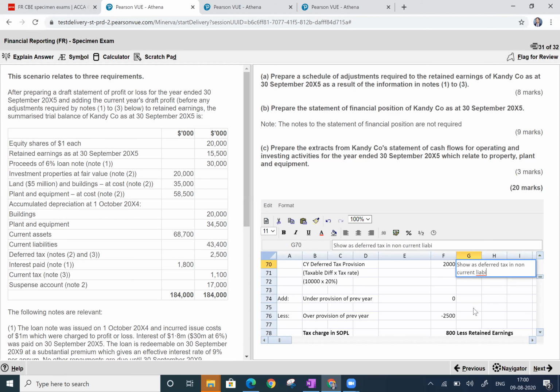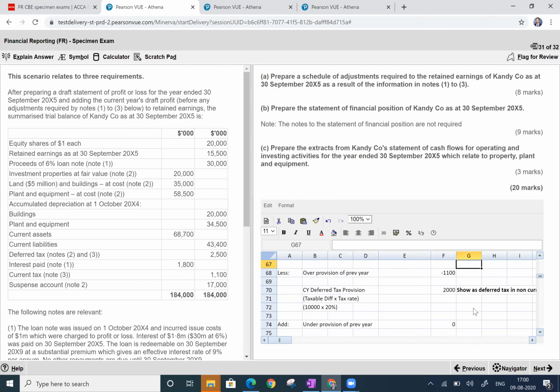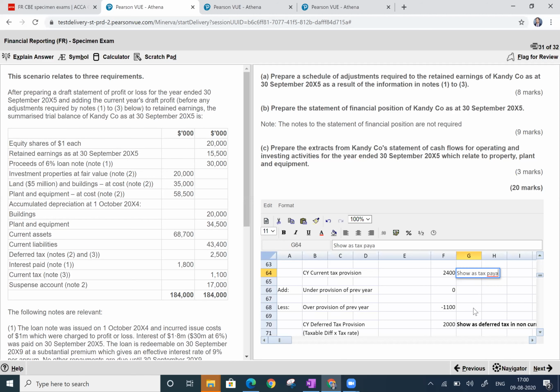This amount as well as revaluation surplus deferred tax, add both those things. And this one is shown as tax payable under current liability in SOFP.